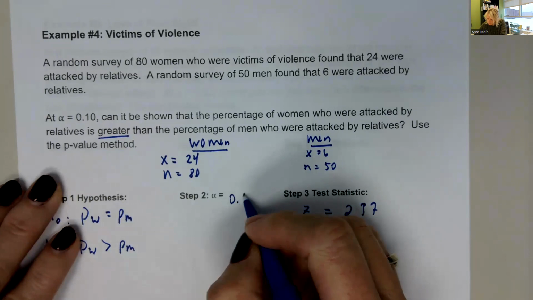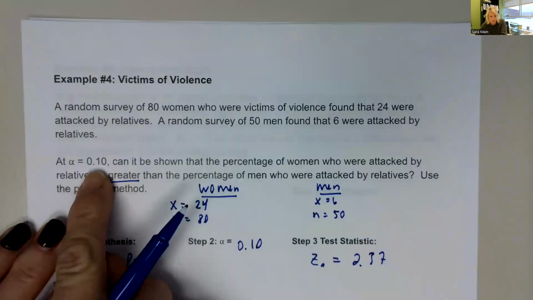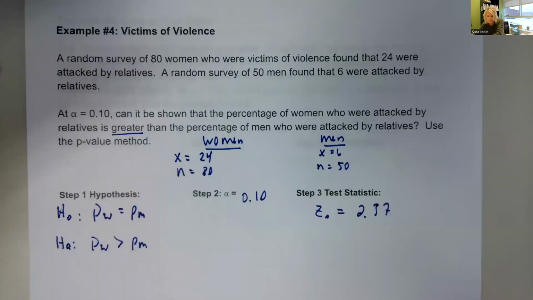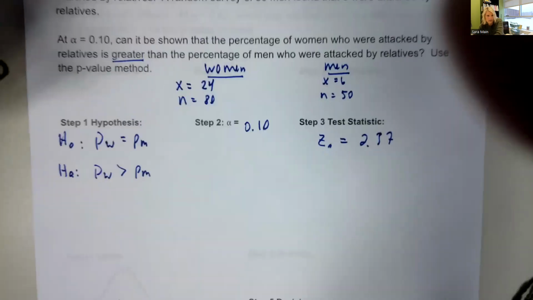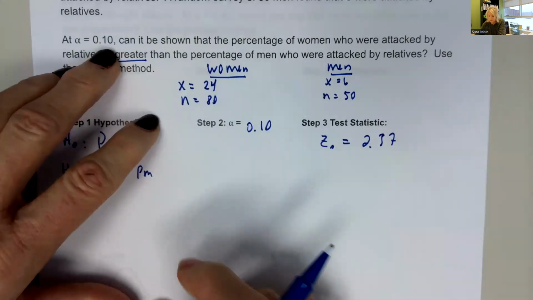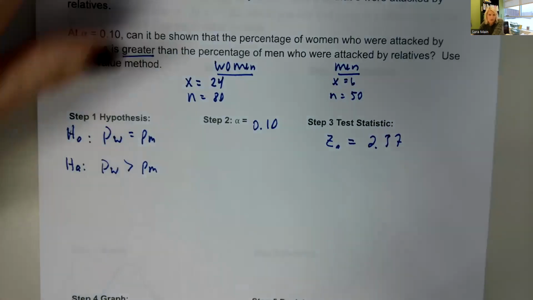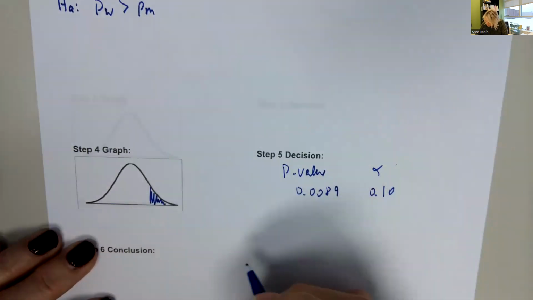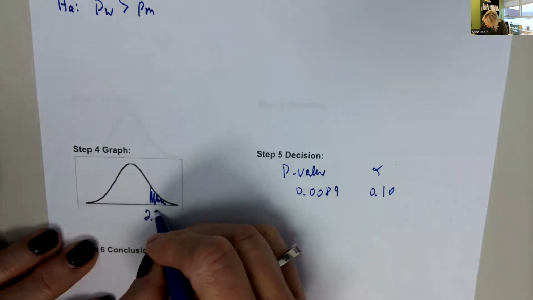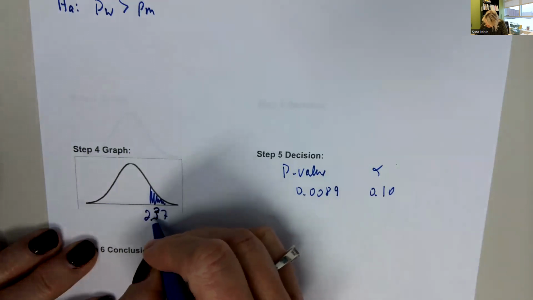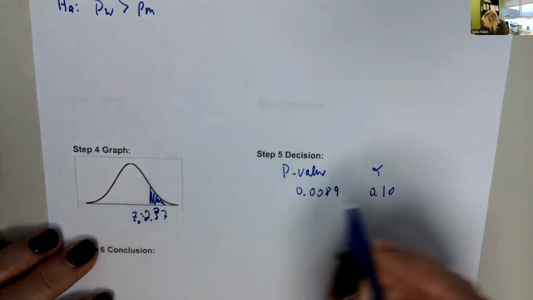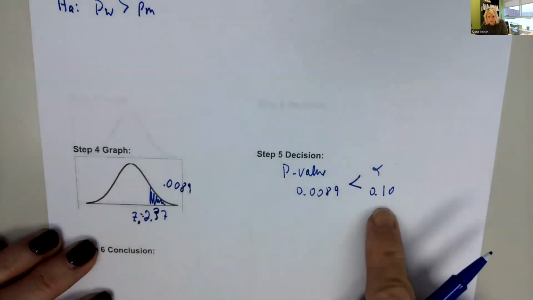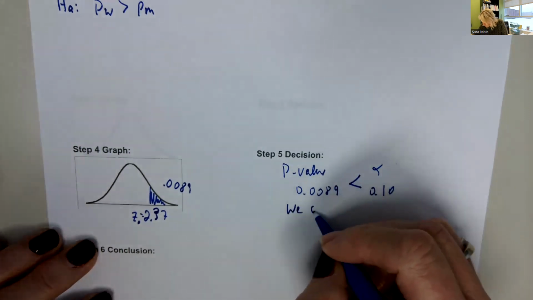We're testing at the 0.10. So we have a high threshold, or it can be pretty high and still reject H0. The picture here is a right tail, so we're shading over here. And our test statistic is 2.37, and our p-value is 0.0089, which is definitely less than alpha. So we do reject H0.